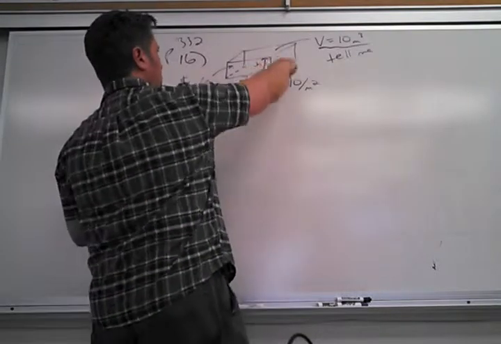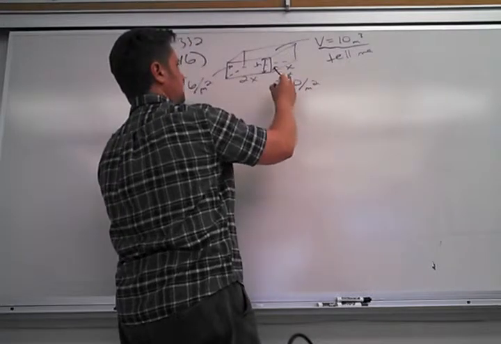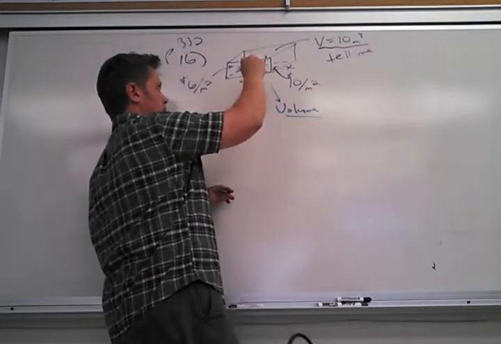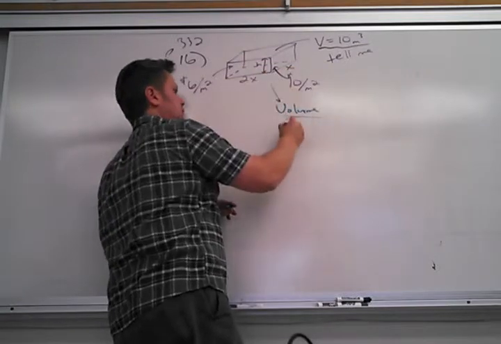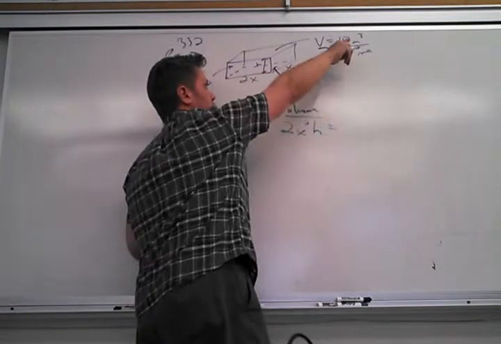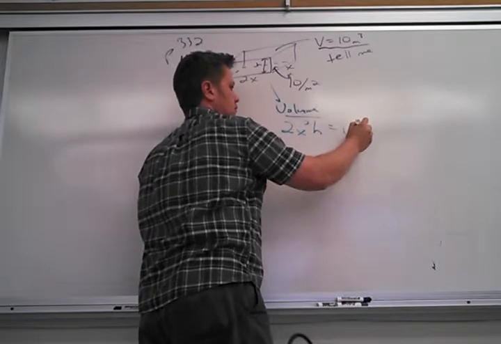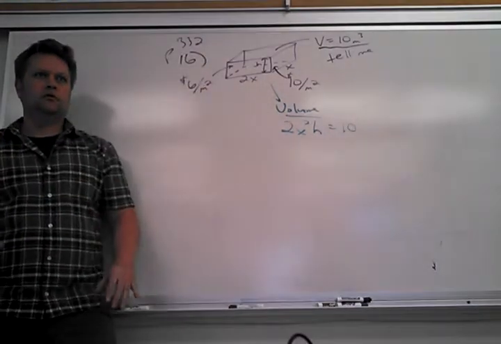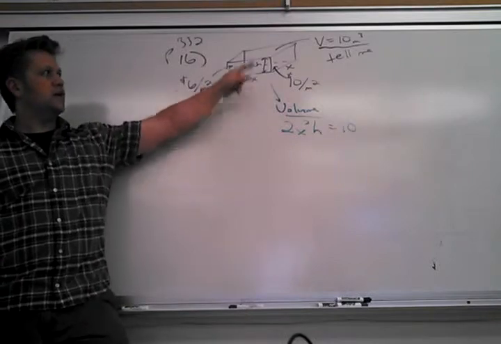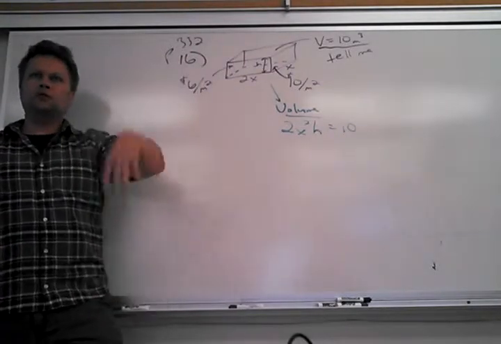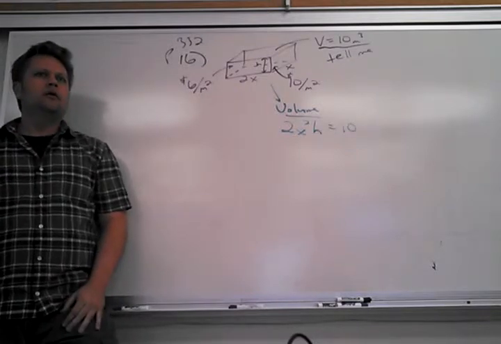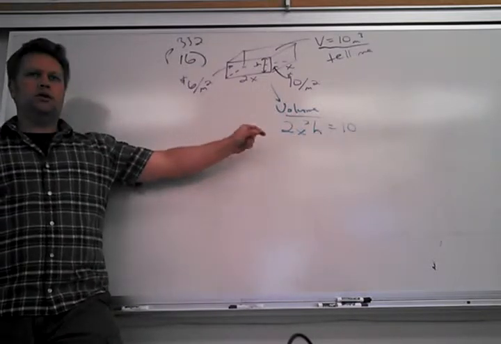So the volume from the picture is 2x squared h, and the volume from what they told me has to be 10. You with me? The volume has to be 10 cubic meters, but we don't carry units through our equations, thank God.